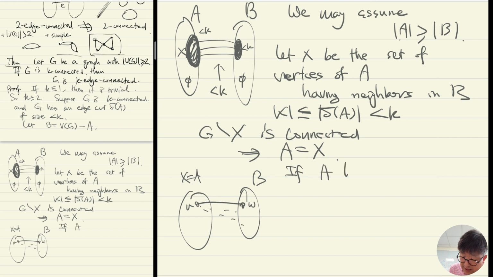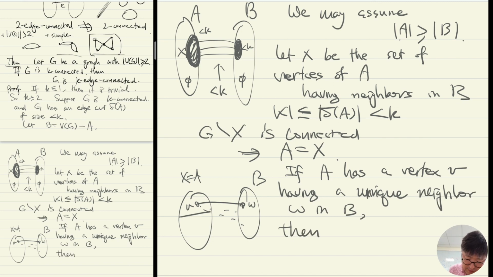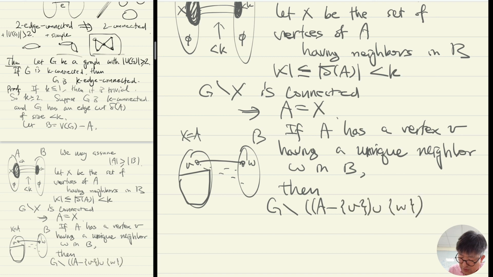If A has a vertex V having a unique neighbor W in B, then in that case, G delete A minus V union W is disconnected, right?